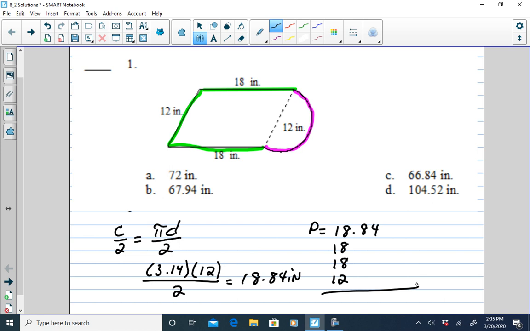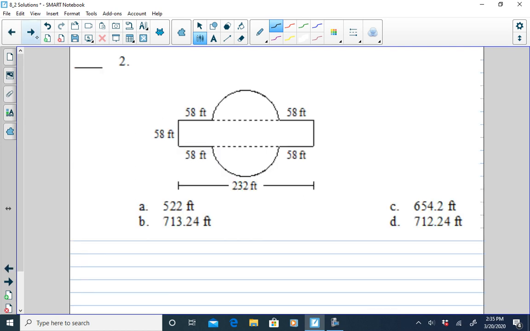So we'd have to add all of that together, and we wind up with 66.84, and those would be inches, right? And 66.84, that looks like that would be answer C for problem number 1.